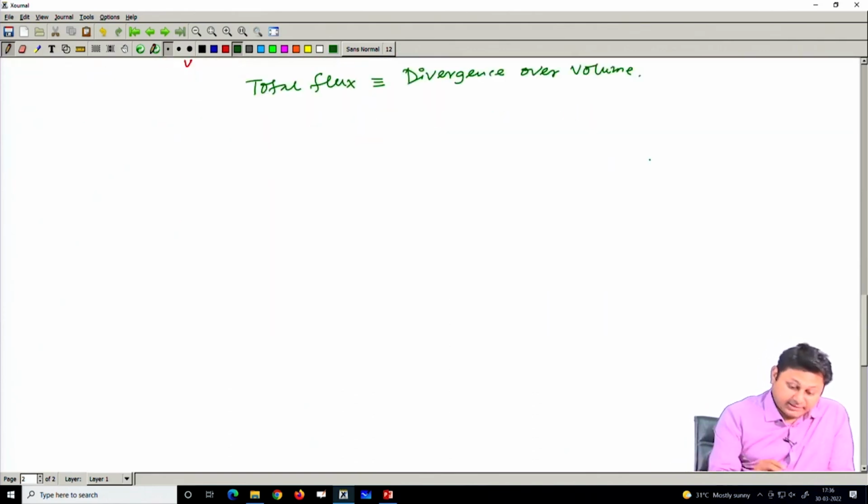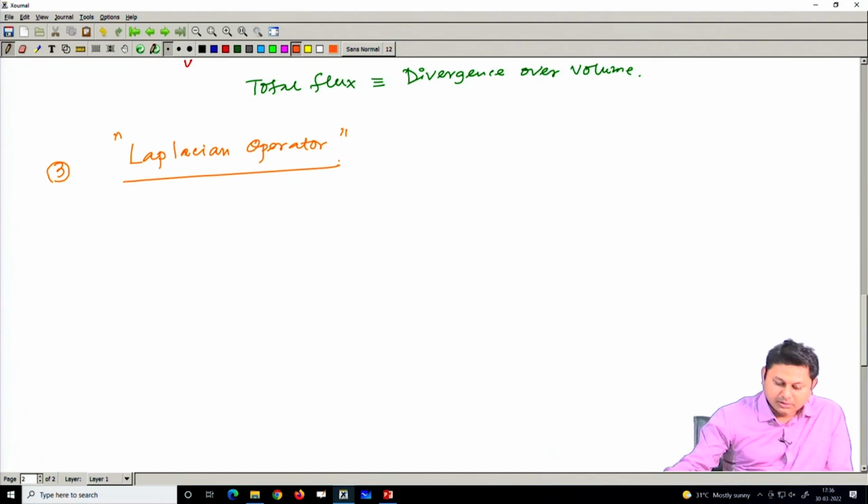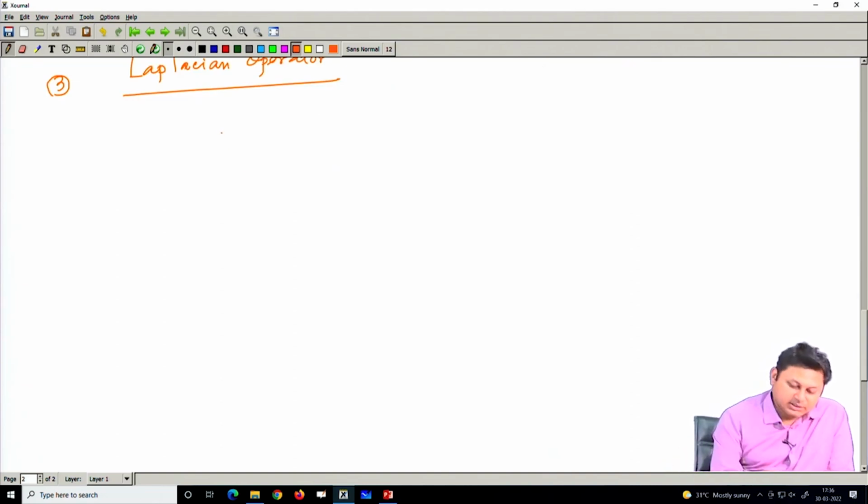Okay. The next thing we mention is also having some significance, and that is called the Laplacian operator. What was the Laplacian operator? The Laplacian operator was something like this.